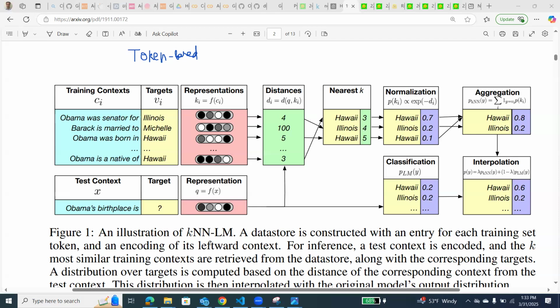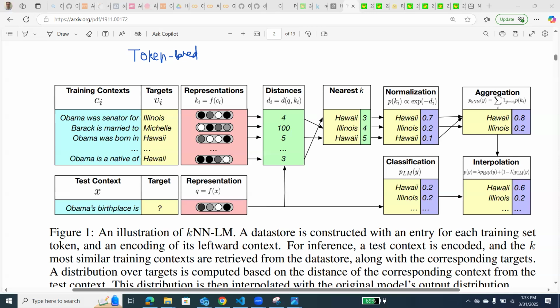Just take the, well, it's not an average because you can interpolate with some parameter lambda, so it's not just the average, but some number in between. And by the way, this lambda was a trainable parameter at that point.